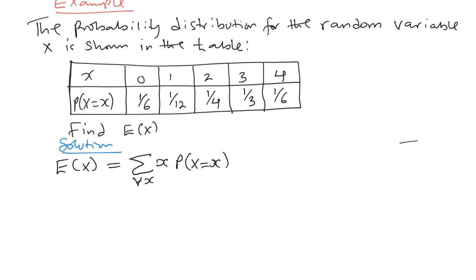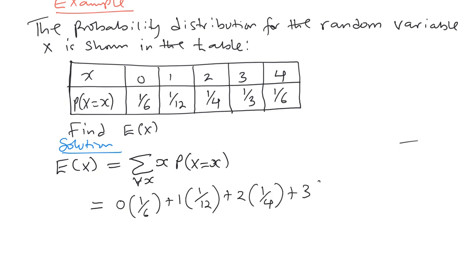So what are the probabilities here? The values of X, we have 0 times the corresponding probability, 1 over 6, plus 1 times the corresponding probability, 1 over 12, plus 2 times 1 over 4, plus 3 times 1 over 3, plus 4 times 1 over 4.